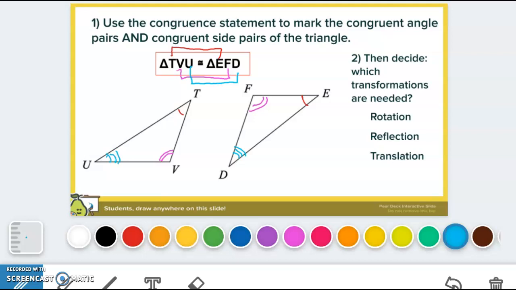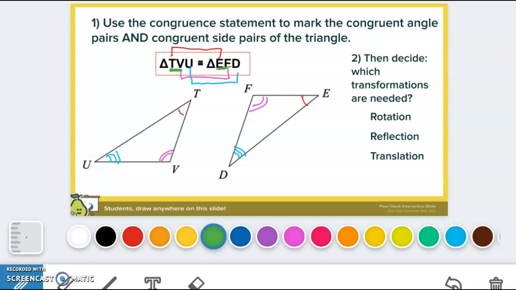Now I need to do the sides. So what I can do is I can go with, let's pick a color, let's go with green. TV are the first two letters and EF are the first two letters of the second triangle.